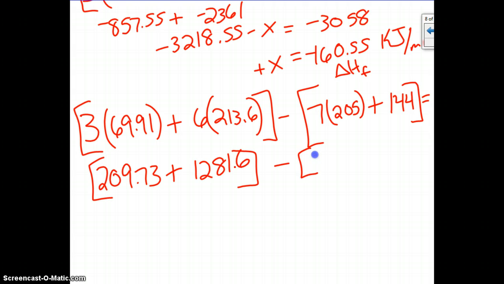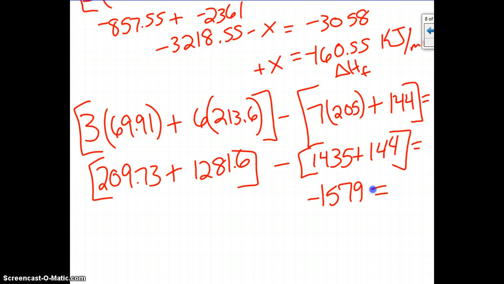And my reactants, I am getting this. And then I'm just going to start combining. And that gives me negative 87.67, and this is your delta S, which is in joules.